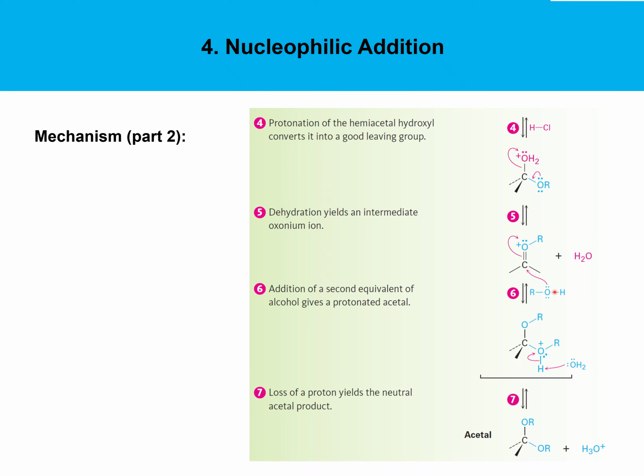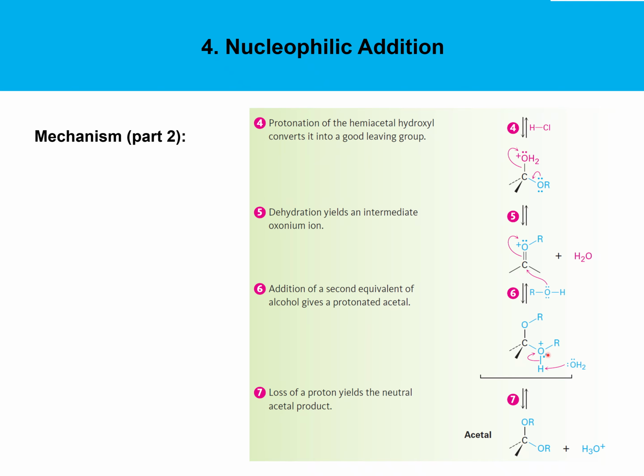Not water, but a second molecule of an alcohol will add to this carbonyl, break the double bond, get rid of the positive charge on the oxygen. And now we have this tetrahedral intermediate. We have an OR group, and we have now a second OR group added to the same carbon.